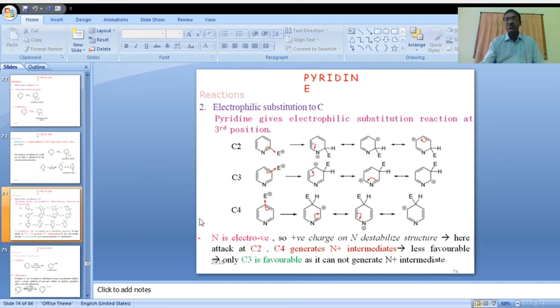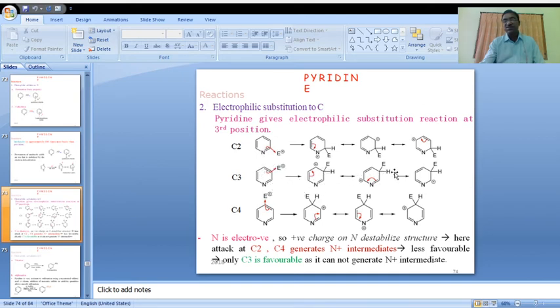See, attack of electrophile on C3 position. In between C3 and C4, pi bond cleavage takes place, and these pi bonded electrons shift to the C3 side. That C3 carbon gets negative and bonds with the electrophile. This is the positive charge.